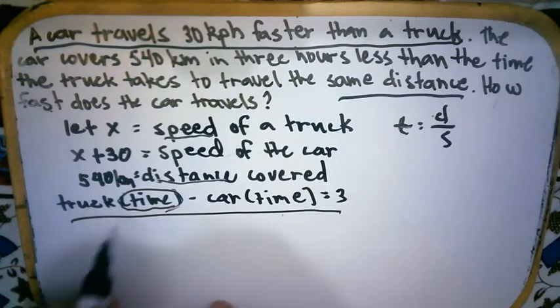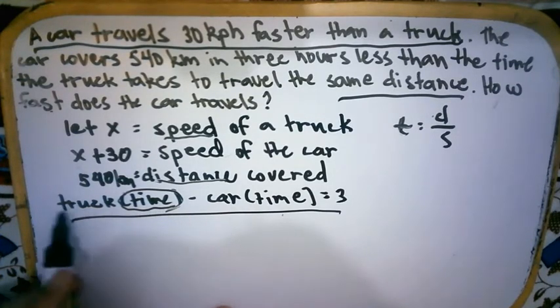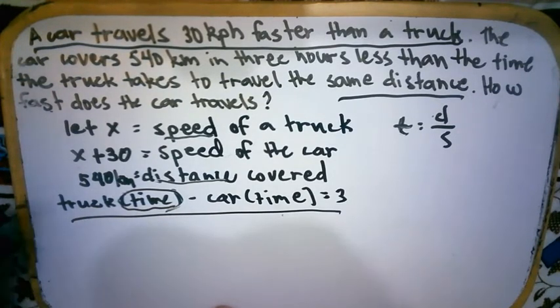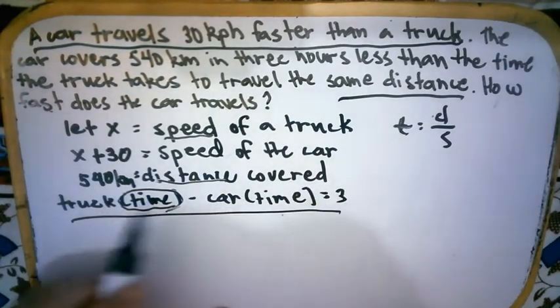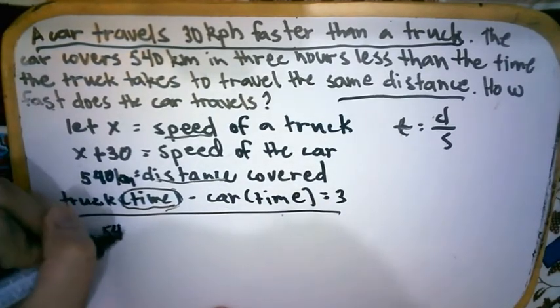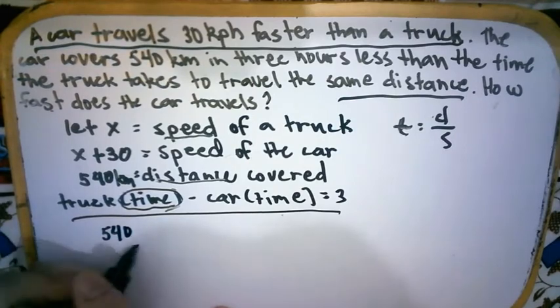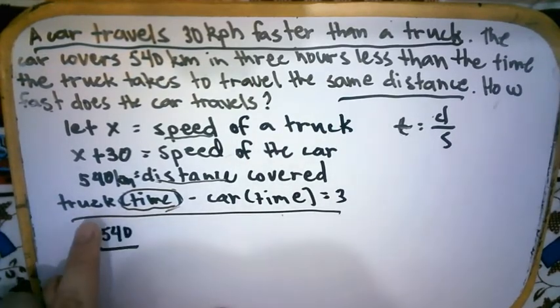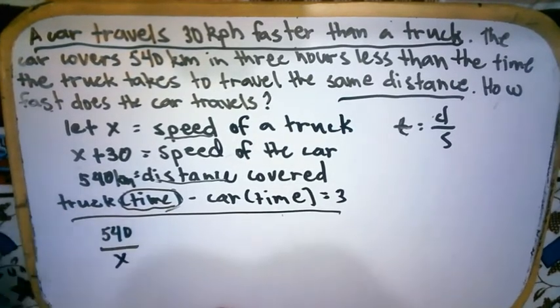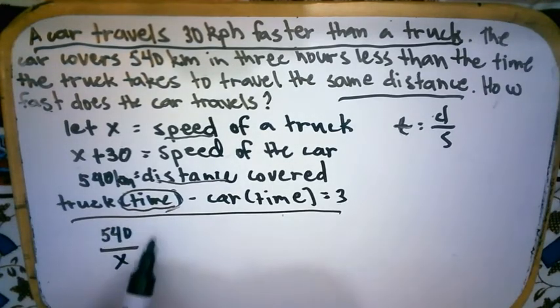Therefore, we can substitute this truck time as the distance, which is 540 over the speed of the truck, which is x. So, yung truck time ay naging 540 over x. So, paano nangyari yun?